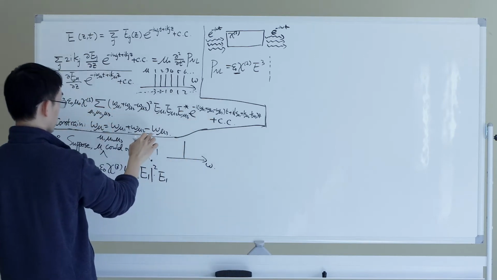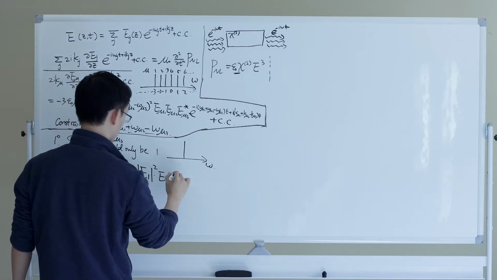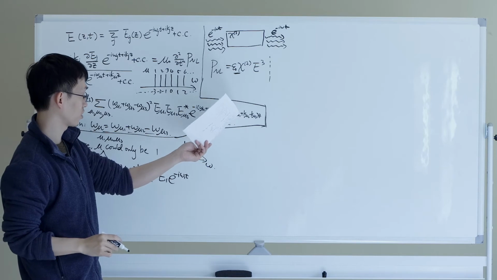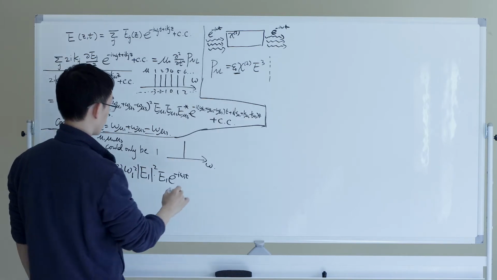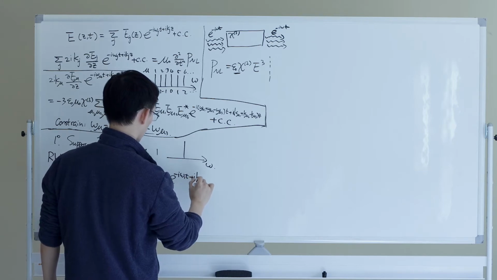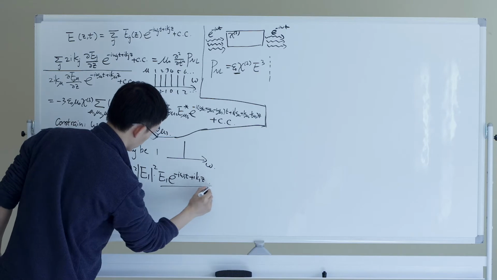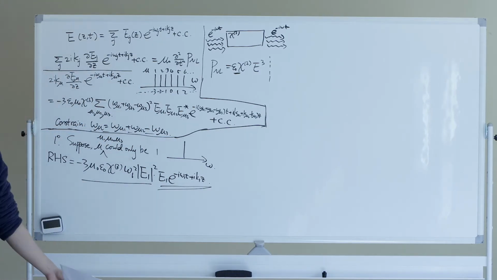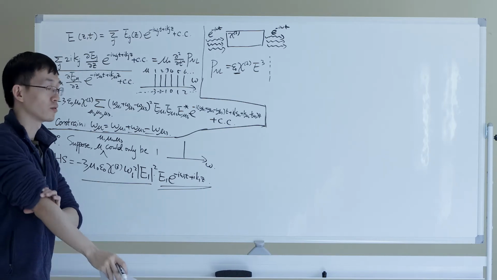And its frequency is the same as omega mu, so e to the minus i omega 1 t. And because mu 1, mu 2, mu 3 are all the same, the k's cancel each other, and you're left with i k1 z. If you look at this, this is just your wave, and this part changes your refractive index.